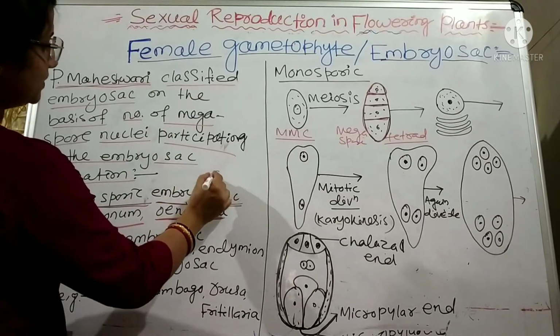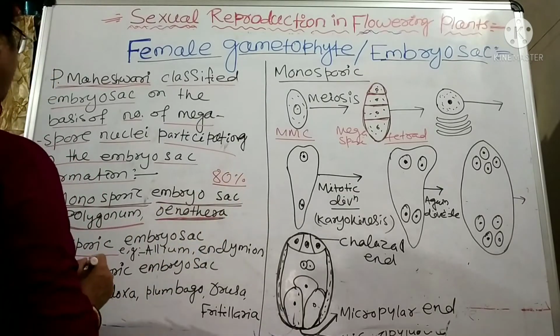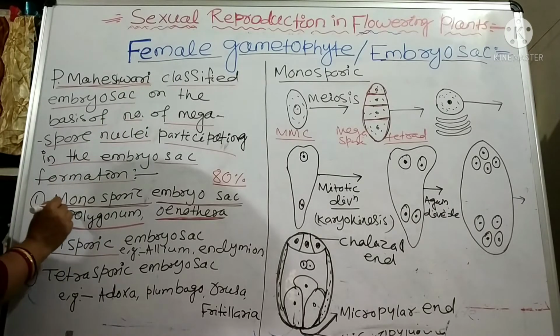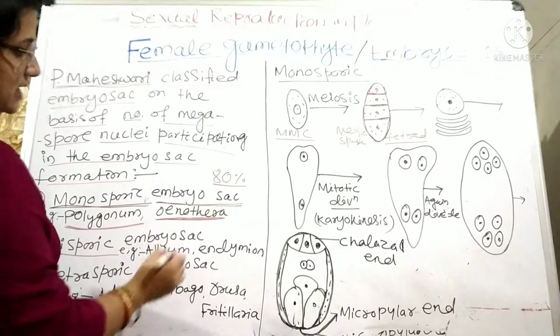Approximately 80% of angiosperms have a female gametophyte of monosporic type, the polygonum type or oenothera type.